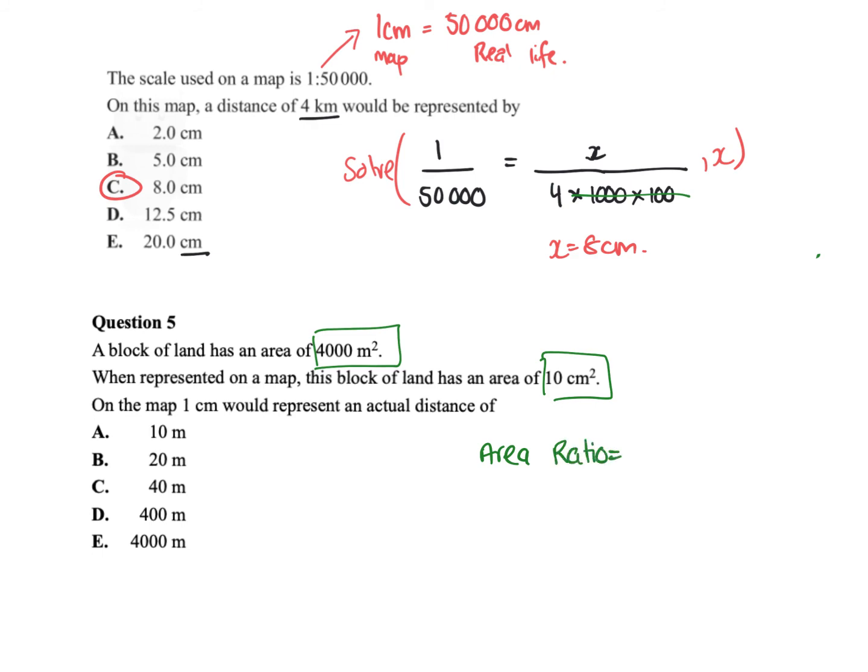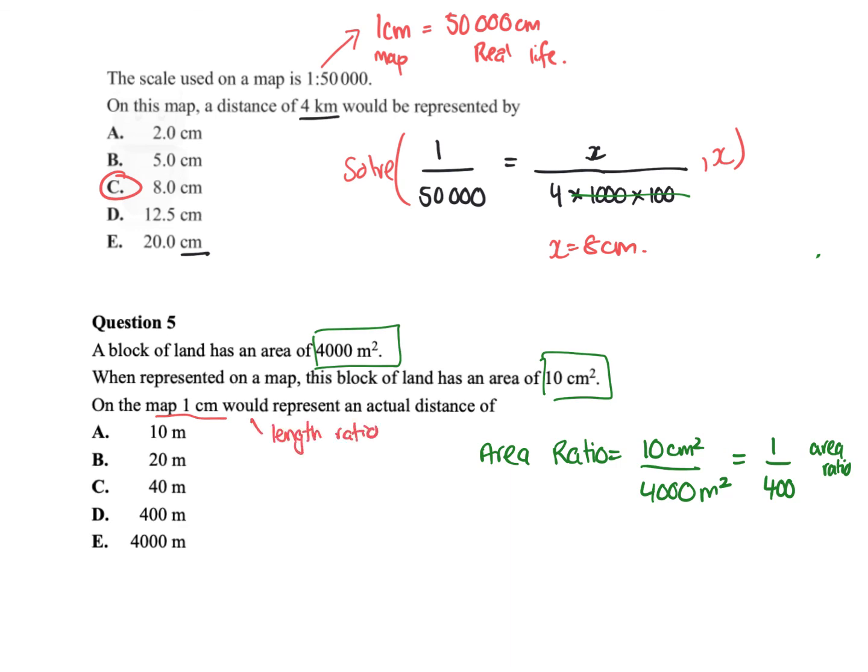I'm going to say 10 centimeters squared over 4,000 meters squared. First we simplify that fraction, that's going to be 1 over 400. So this is an area ratio, and when they talk about 1 centimeter, that's a length ratio.